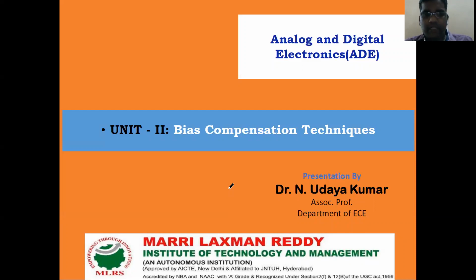So today we will see bias compensation techniques. What do you mean by bias? In bias compensation techniques, the biasing circuit provides stability of operating point in case of variations in the transistor parameters such as IC0, VBE and beta. IC0 is the reverse saturation current, VBE is the base emitter voltage and beta is the amplification factor.